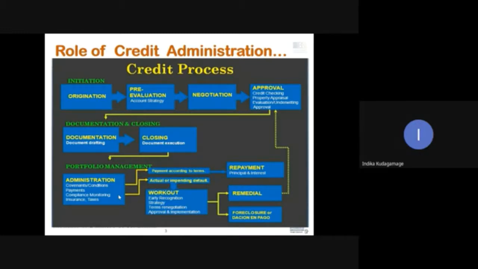So it's good to have covenants, but if you don't monitor those covenants, there is no point putting covenants. So covenant and condition monitoring, repayment monitoring, compliance monitoring, all those things need to be done because you will have different risk profiles in your portfolio. Different risk profiles need to be tackled or managed differently.